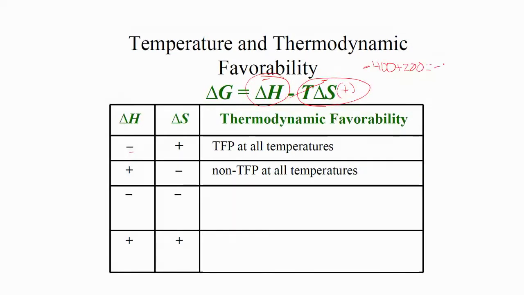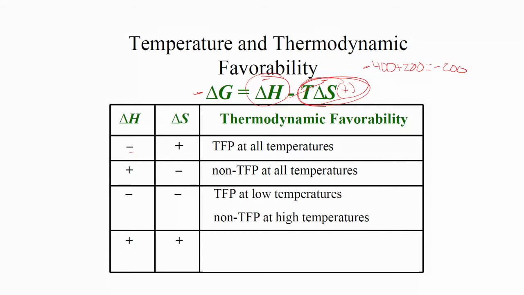Overall, that gives me a negative 200. So at that temperature, I am thermodynamically favorable. In this case, we are dependent on temperature. If the temperature is low enough that T delta S is a small enough value that my H is greater, then it is still going to be thermodynamically favorable.